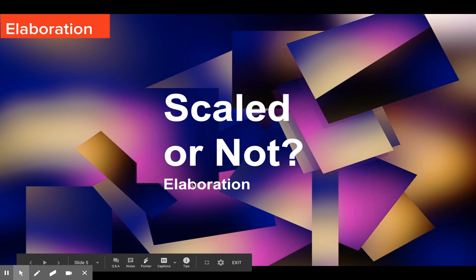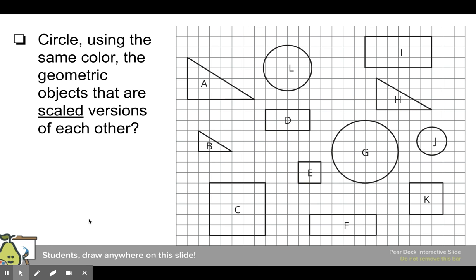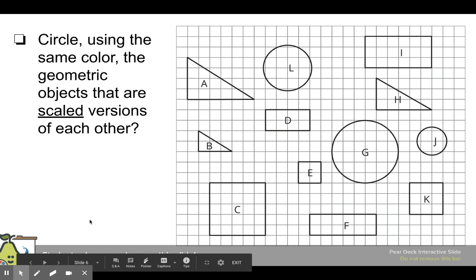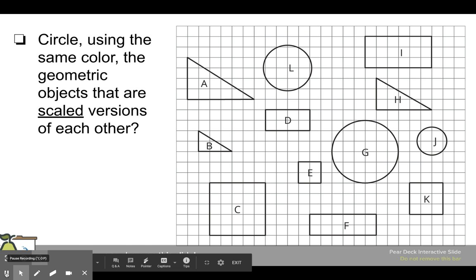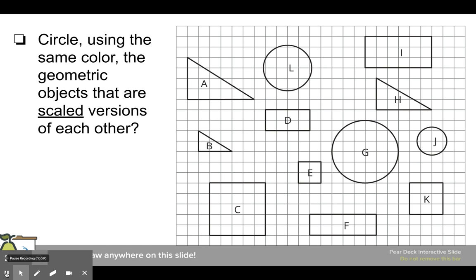So let's jump into our elaboration activity, scaled or not. The first part of the activity is that we're going to circle, using the same color, the geometric objects that are scaled versions of each other. Because you don't have access to this slide, I'm going to pause the slide in a second, and I want you all to determine which are scaled copies.